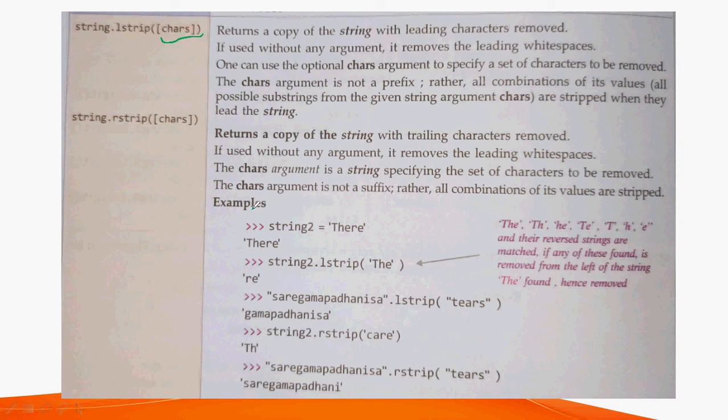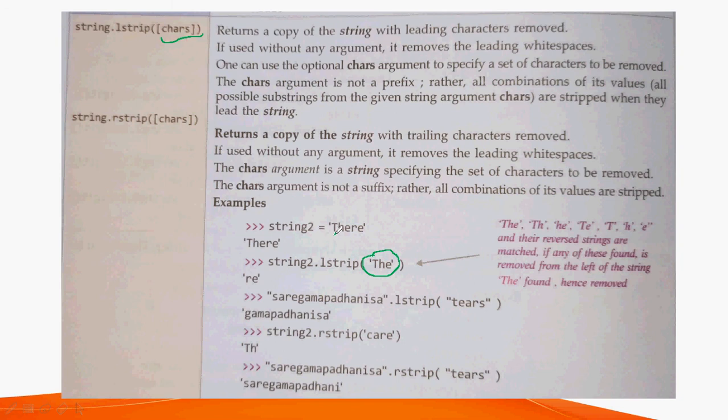So let us see an example and find out more. The example is string 2 is equal to THERE. Now string 2 dot L strip THE. So L strip means left side characters will be removed from the string. Which characters are you removing? THE from the left side.